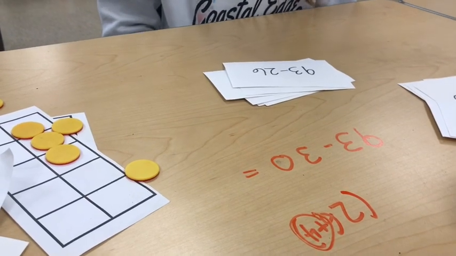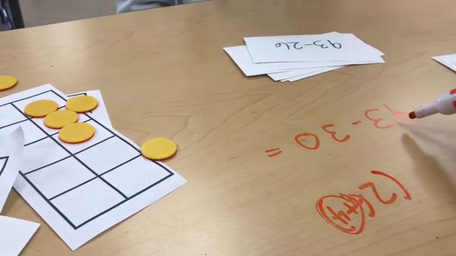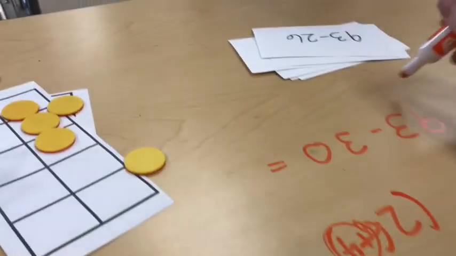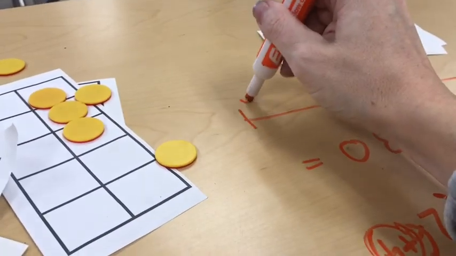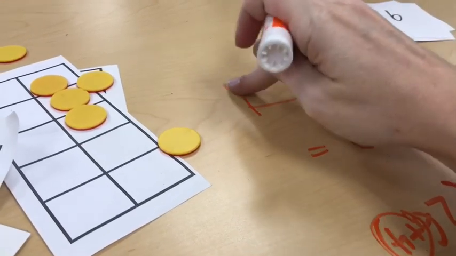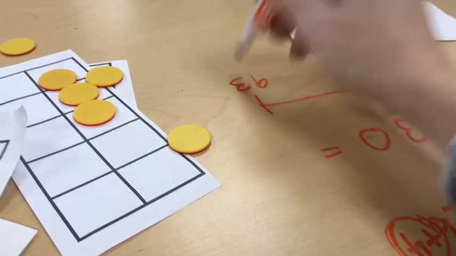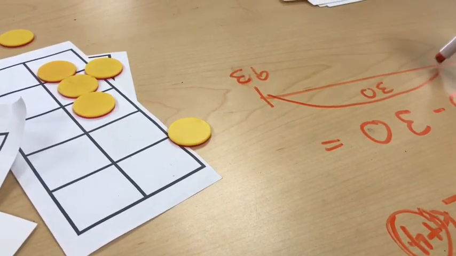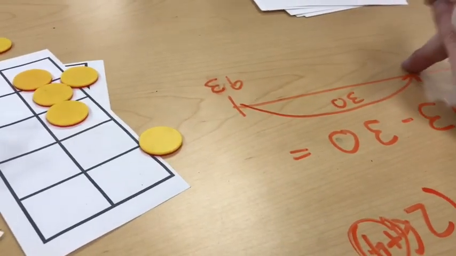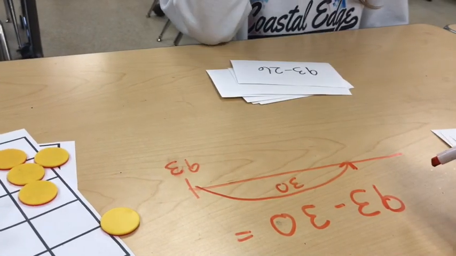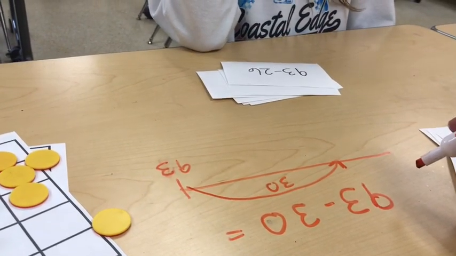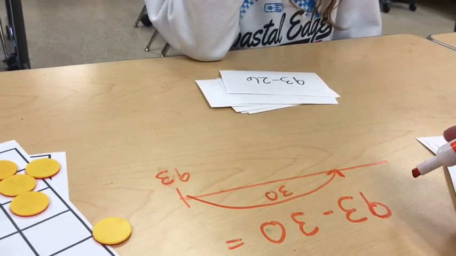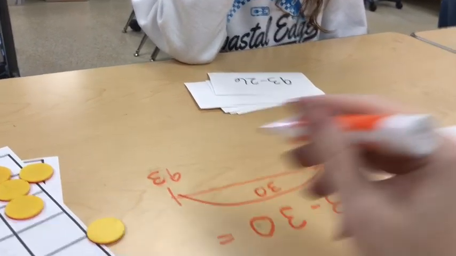No. No? Okay, so 93 minus 30. Let me see if I could do it on a number line, if this would make sense. 93. And I'm going to jump back 30. Okay? What would that get me to? 63. Okay.